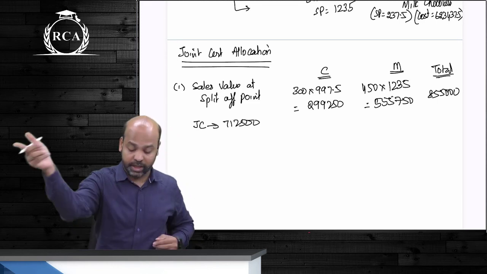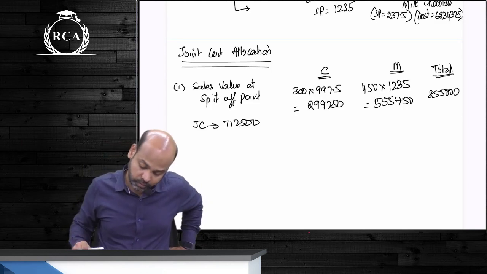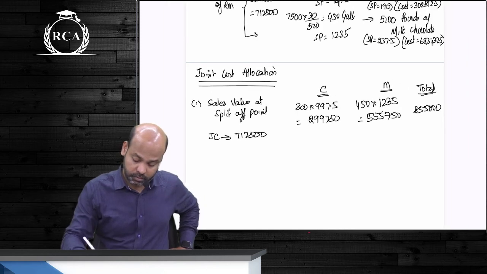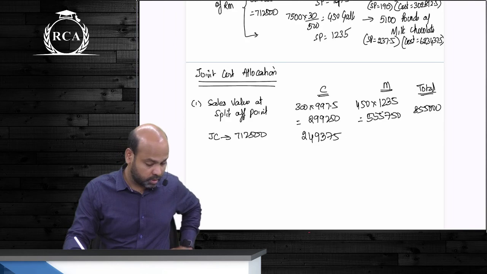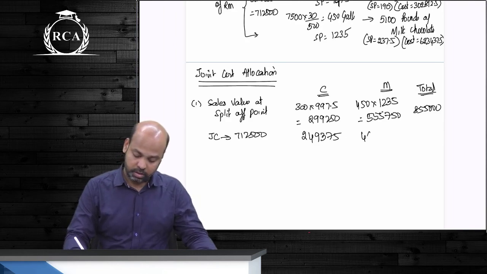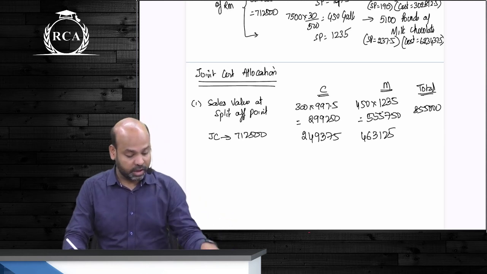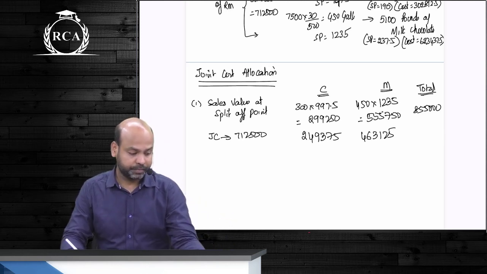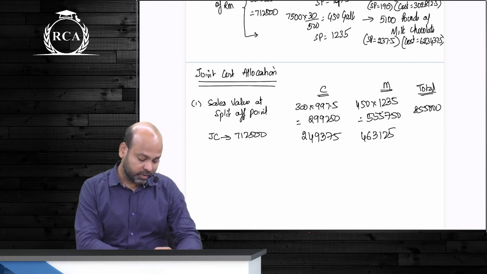You can divide 7,12,500 by 8,55,000. How much is coming? 2,49,375 and 4,63,125. Did it match? Did you all understand this, guys?